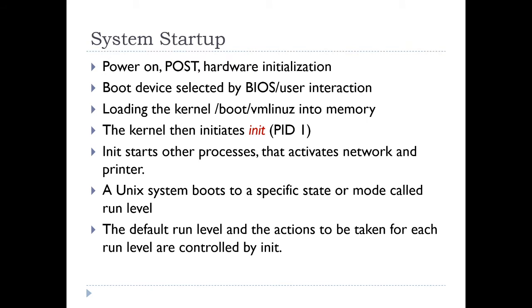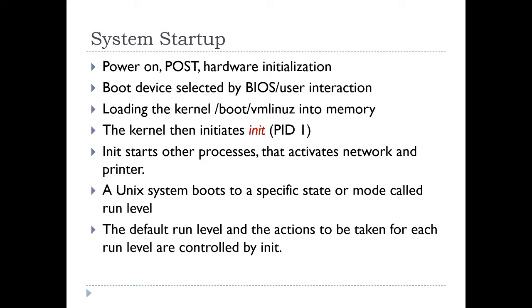When the system is switched on, the power on self-test is performed, following which the booting process starts. The boot device is selected by the BIOS setup, or if the BIOS setup doesn't have the boot device specified, then the booting process will ask the user to enter the boot device name.